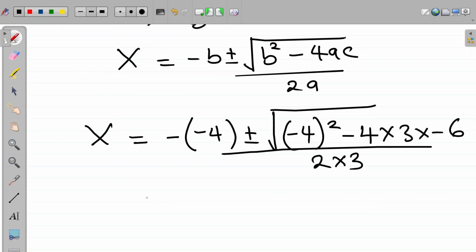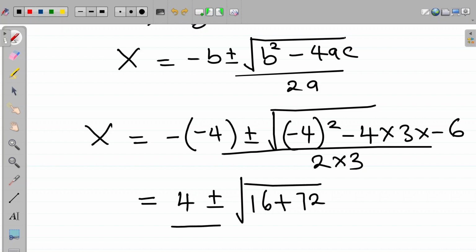Now, if we simplify, minus times minus is plus, so we have 4 plus or minus the root of 4 squared, which is 16. Also, minus 4 times 3 is minus 12, and minus 12 times minus 6 is plus 72, all divided by 2 times 3, which is 6.